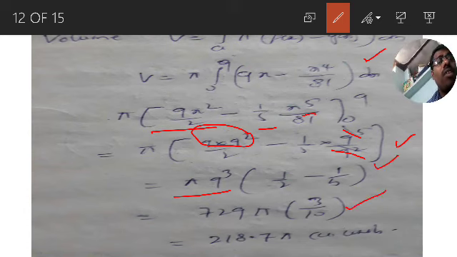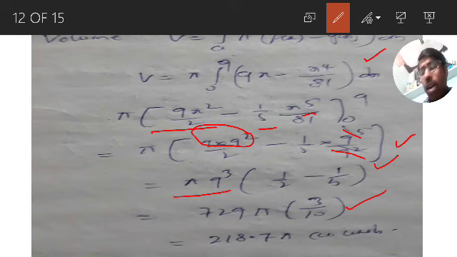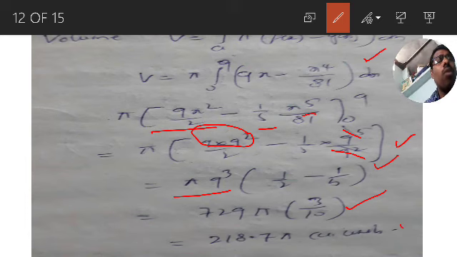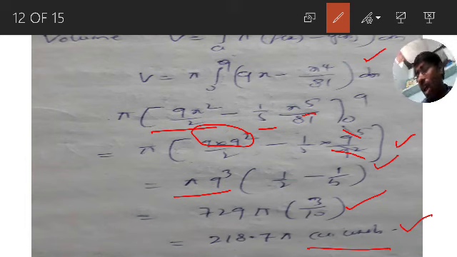Take LCM, that is 10. 5 minus 2 is 3, so 3 by 10. 9 cube is 729. 729 into pi by 3 by 10 is 2187 by 10, which means 218.7 pi cubic units. Since we are finding volume, I'm writing it as cubic units.